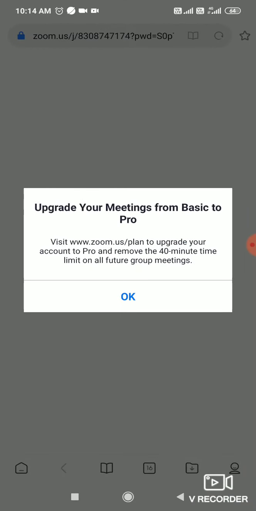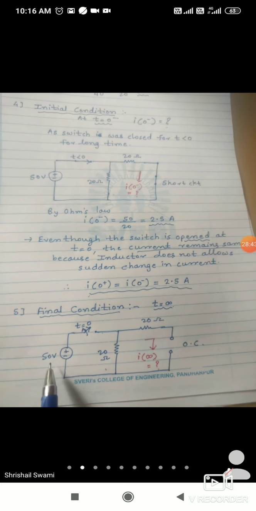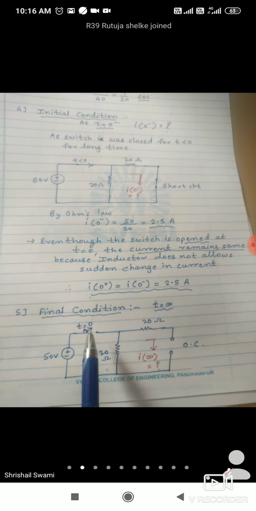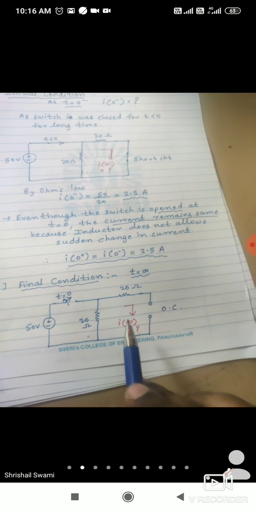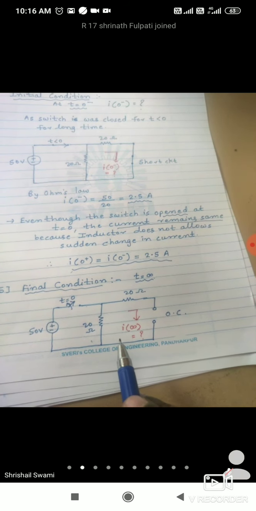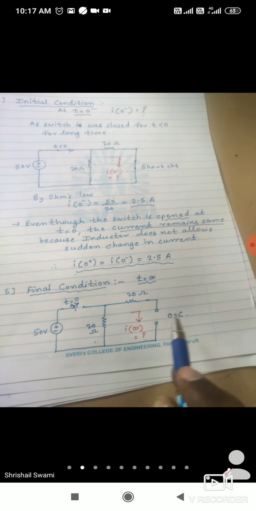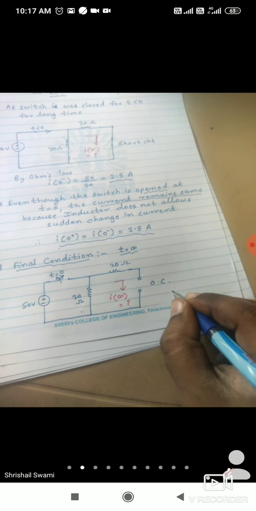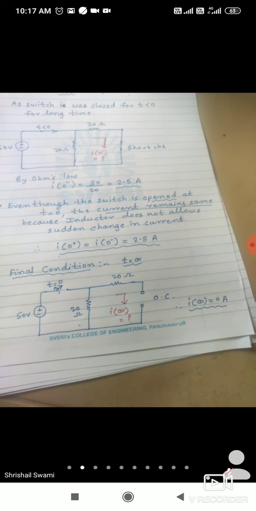So the value of current in this circuit is 0, due to the inductor becoming open circuit. Therefore I of infinite is equal to 0 ampere.